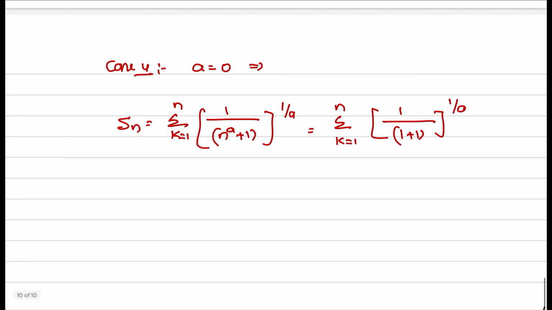This is not 1 plus 1, this is n to the power of a is 1. But if n tends to infinity, infinity to the power of 0 is undefined.